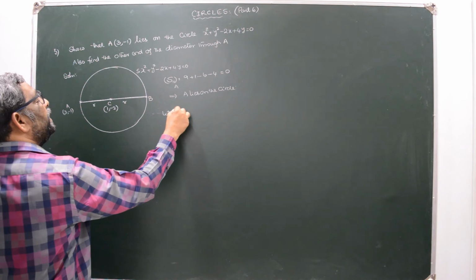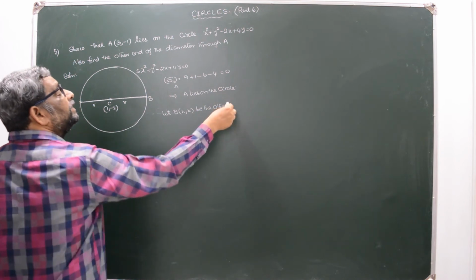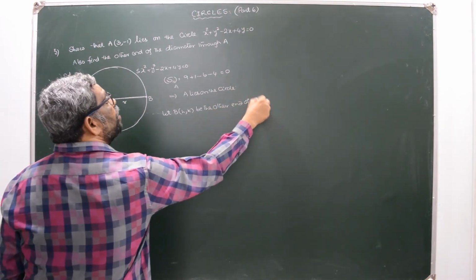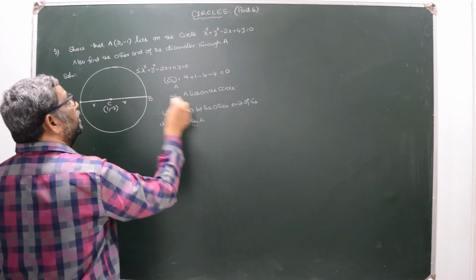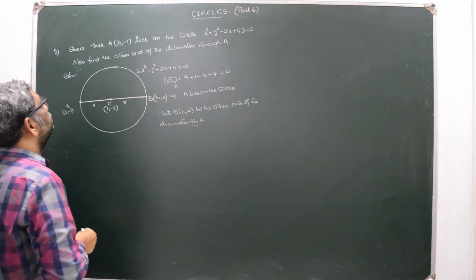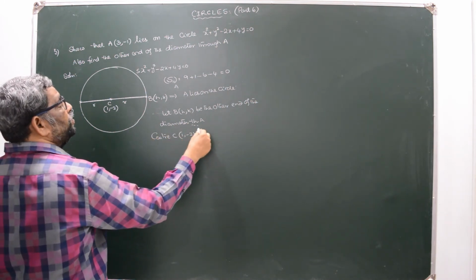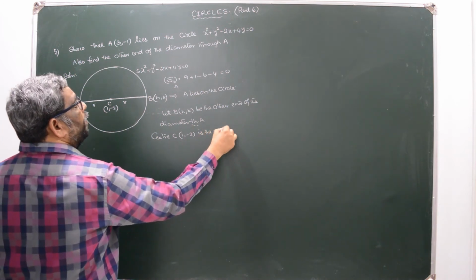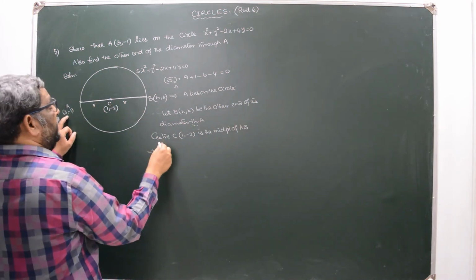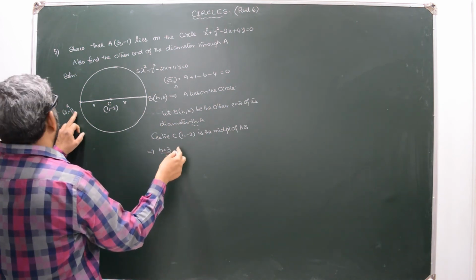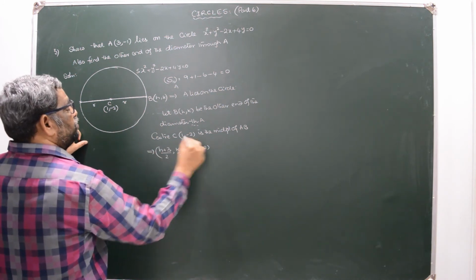let B be H comma K, the other end of the diameter through A. This is H comma K. Center C, 1 comma minus 2, is the midpoint of AB, implies H plus 3 by 2, K minus 1 by 2 is equal to 1 comma minus 2.